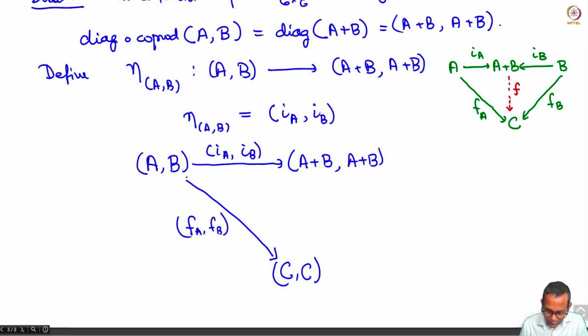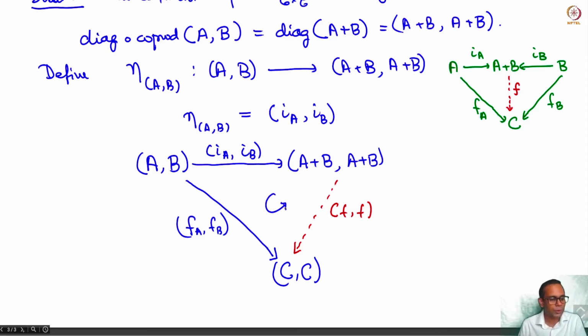And when you have this, it's easy to figure out what to put here. You just put F sharp to be F. Now if you take F and you take diag of F, diag of F is just F comma F, where F is as defined by this universal property of A plus B using the arrows F subscript A and F subscript B. Then from this universal property, it follows that this whole diagram commutes.